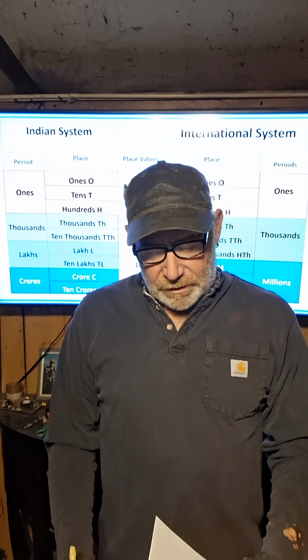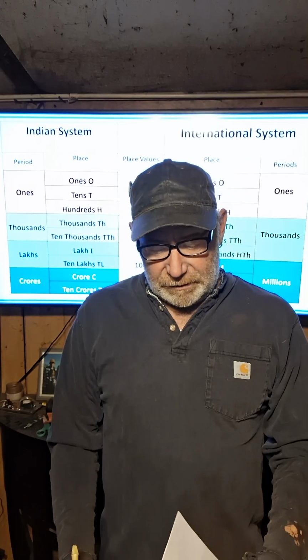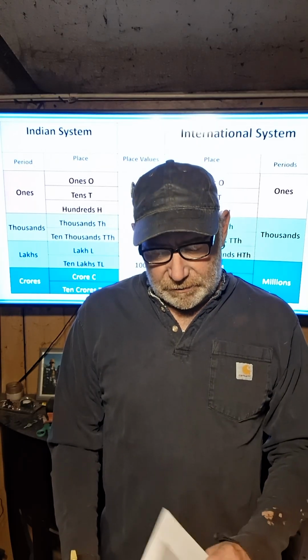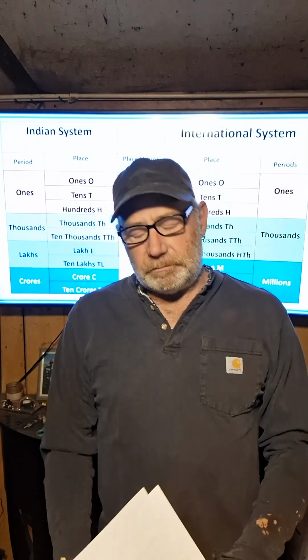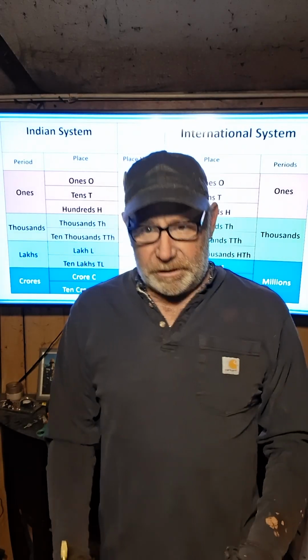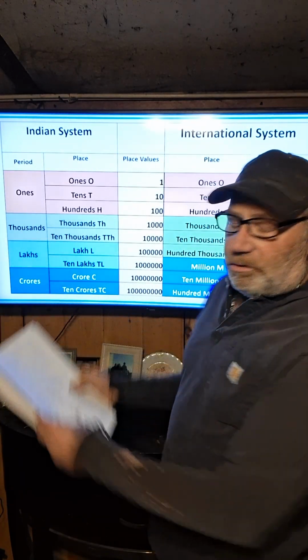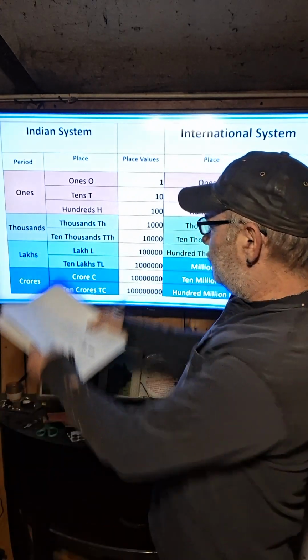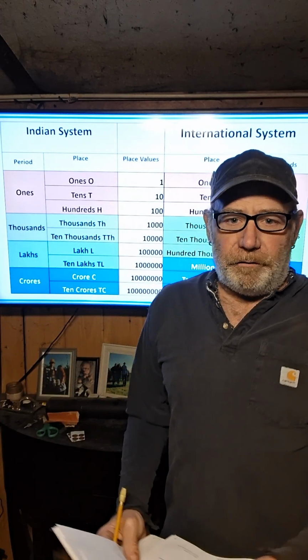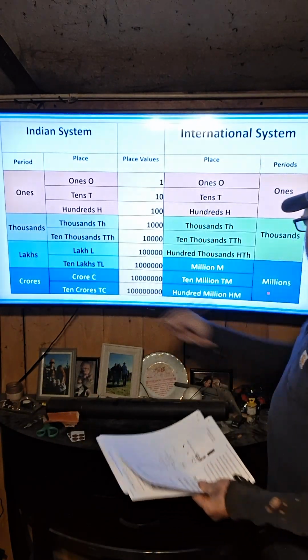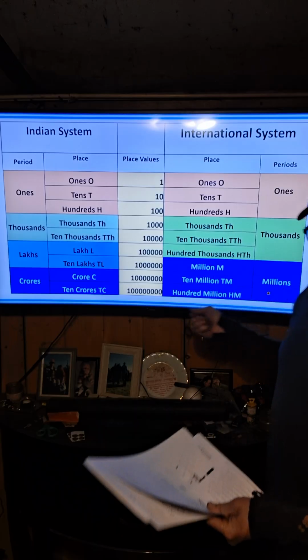It uses every number, and it does jump from tens and thousands and lakhs and crores, which are over here, which would be the millions and the thousands.